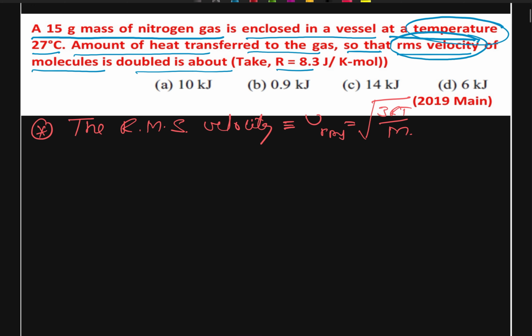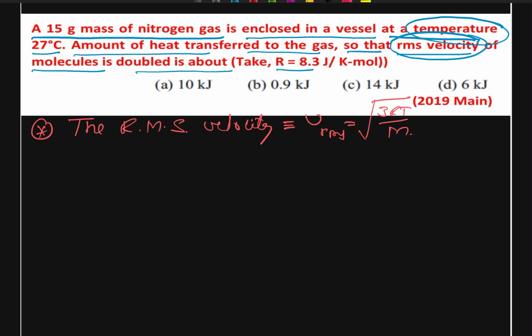And it says that we need to find out the heat transferred so that the RMS velocity becomes double.